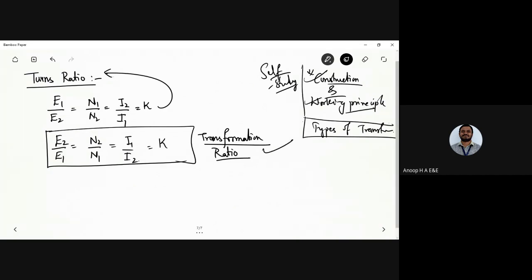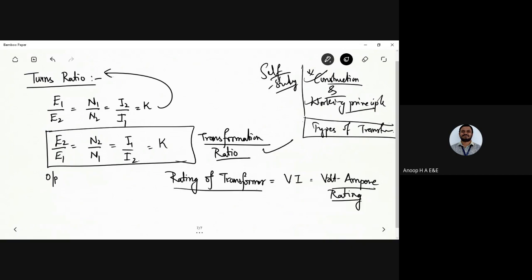So we know the EMF expression, and the output, which we generally call the rating of the transformer. I call it V into I, which we call the volt ampere rating of the transformer.